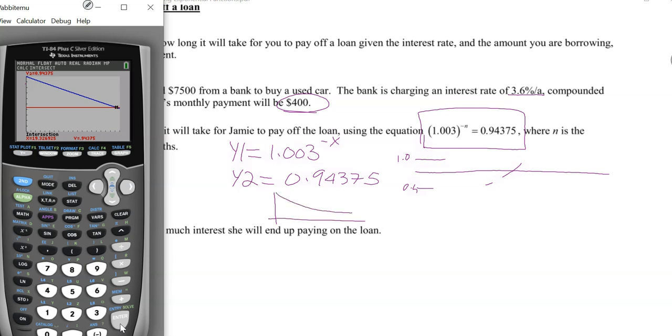Right? We're looking at this and this. That's 19.32. Well, 0.33, I guess. We're going to the 100. This is y1. This is y2. Our x window was 0 to 20 by 1s. Our y window was 0.9 to 1.0 by 0.01.